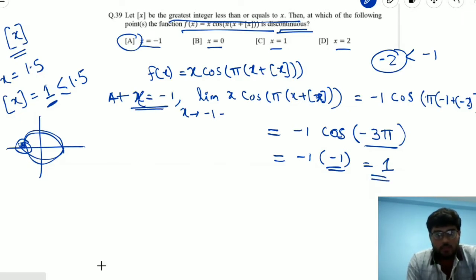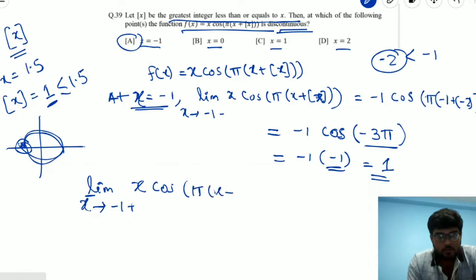Now we will check the right hand limit at the same point: limit x tends to minus 1 plus of x cos(pi(x plus box x)).